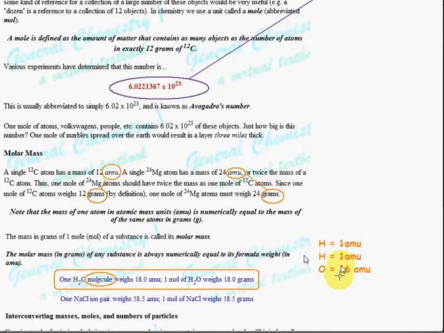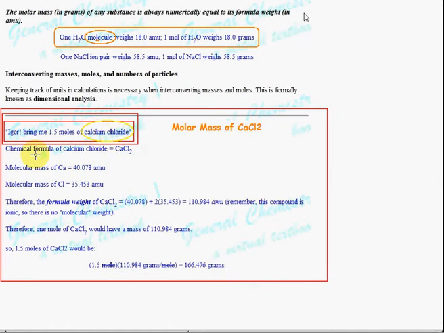Okay, so to our example, we're looking at the molar mass of CaCl2, calcium chloride. So your chemical formula is CaCl2. You look at the molecular mass of calcium straight from the periodic table, 40.078 AMU. Chlorine, you've got it there, and therefore we have the formula weight of CaCl2: calcium at 40.078 plus 2 by 35.453, which gives a total of 110.984 atomic mass units.